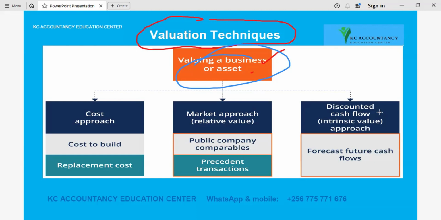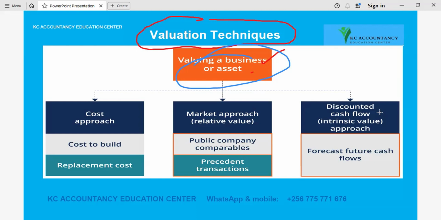We are going to look at some valuation techniques, and in fact, the three most common valuation techniques.